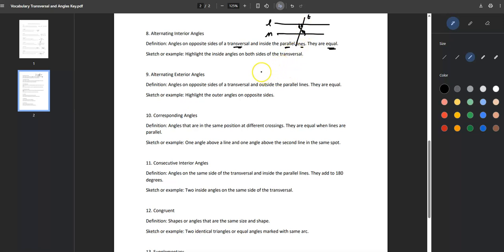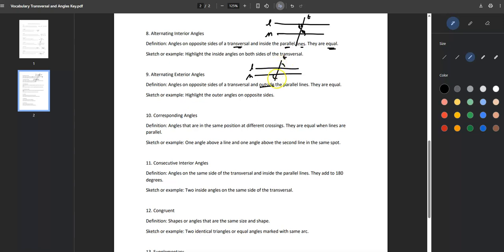Okay? If I look at alternating exterior angles, it's a pretty similar definition, just the outside. So again, I'm going to have this diagram here where I have a transversal and I have L and M. Again, they don't necessarily have to be parallel for you to have alternating exterior angles, but when they are, they're equal. And we'll talk more about that. That would be this angle and this angle.